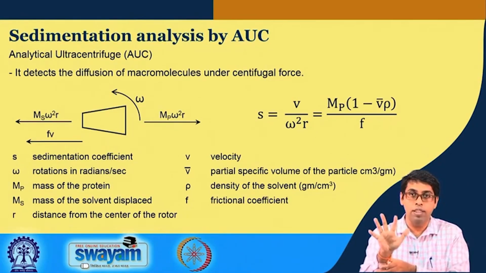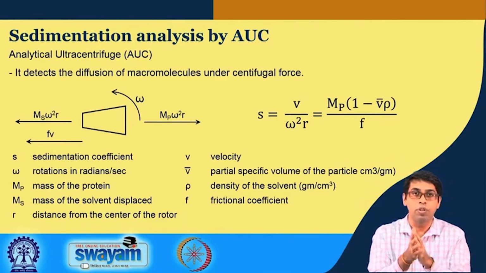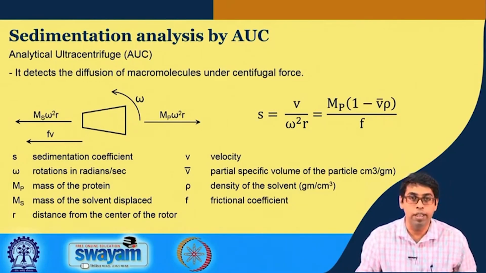But for the protein which is like a disc, the frictional force will be much higher because the surface area is higher. So, this number gives us information about the shape of the protein. Using AUC we can determine the shape of the protein along with molecular mass and also some other parameters.